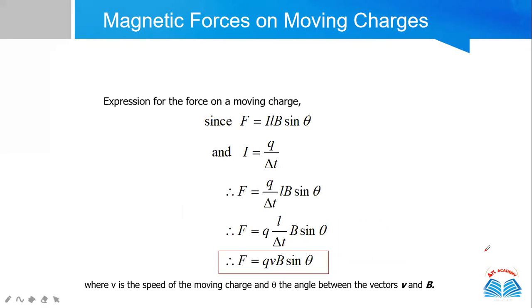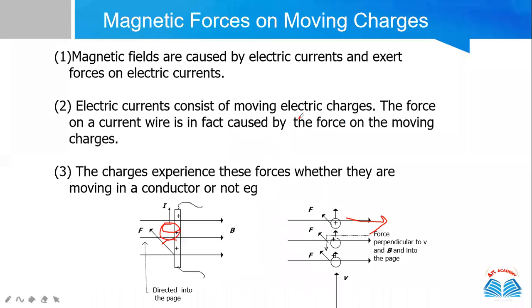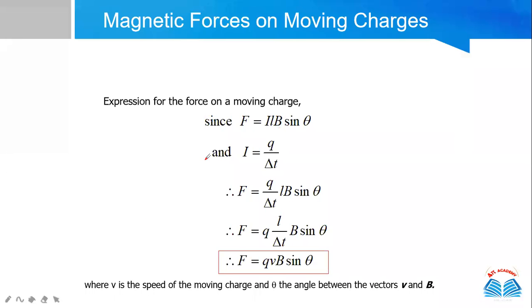So for the force on a moving charge, we can write F equals I, that is current, L, that is the length of the conductor or wire, B, that is the magnetic field, and sine theta. Theta is that angle, this theta. So F will be equal to ILB sine theta.